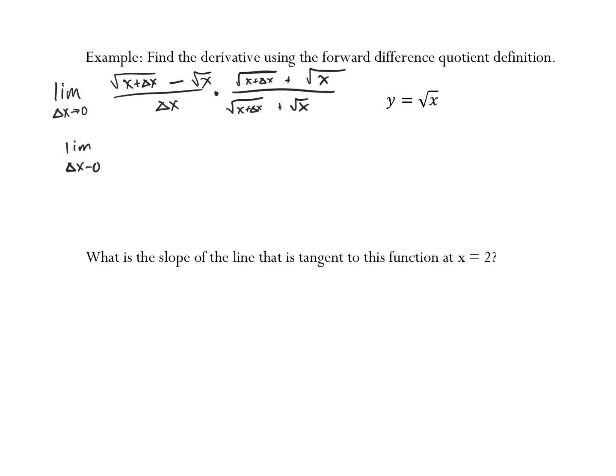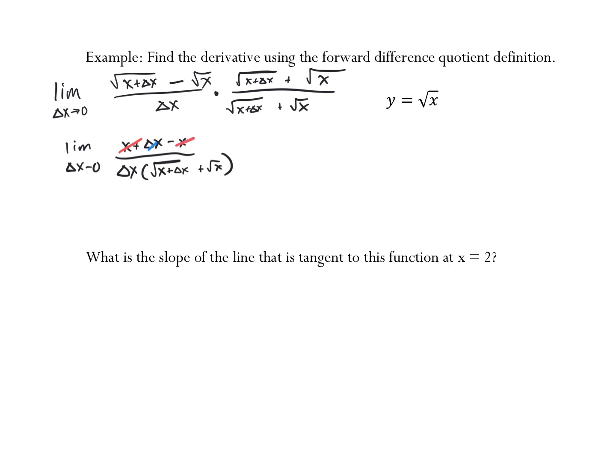And so what do I have in the numerator now? x plus delta x minus x. And then on the bottom we have delta x times that whole expression. Maybe we'll see that those x's cancel out.